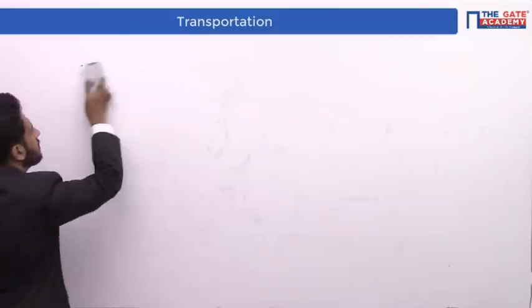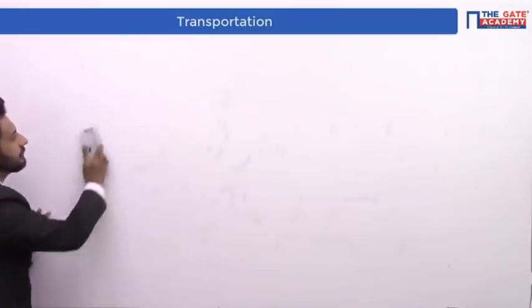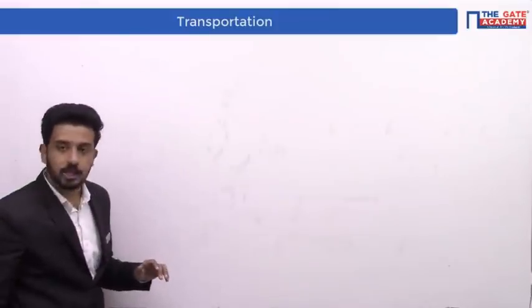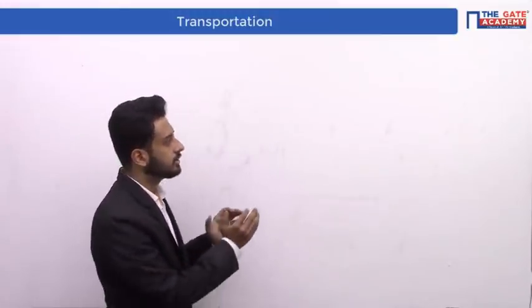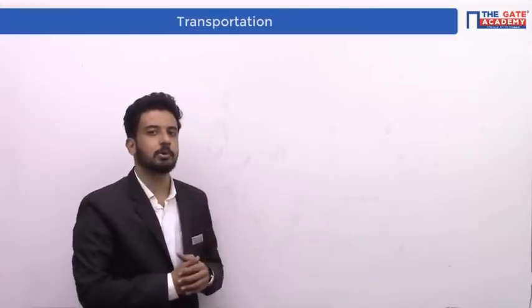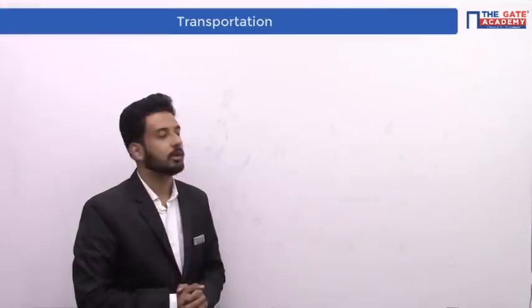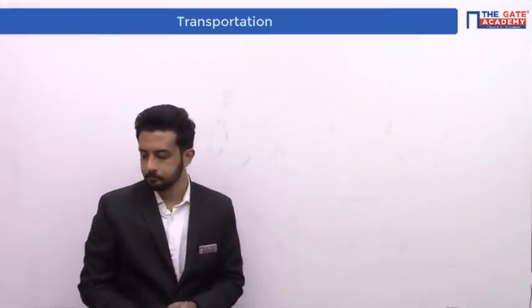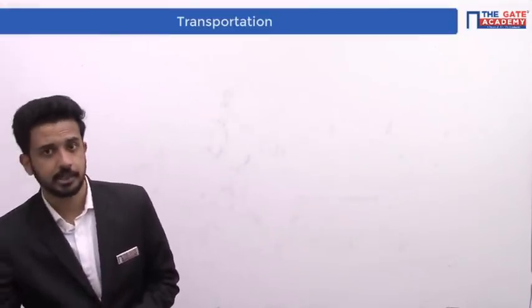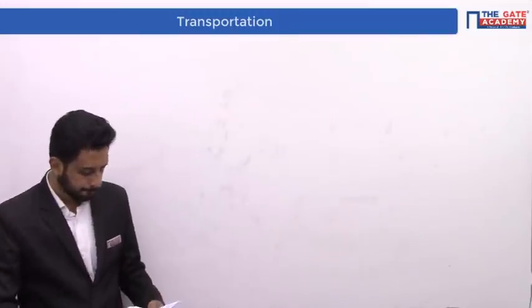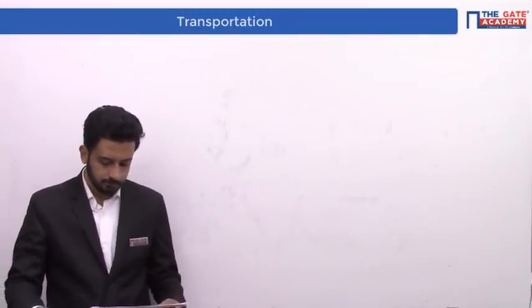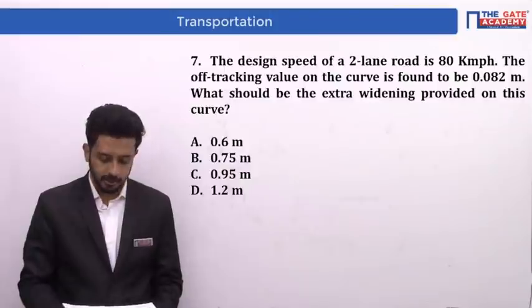So you will get 2 marks just for finding the value of the optimum cycle time. A lot of times they have asked that, so that equation is very important: 1.5 L plus 5 divided by 1 minus Y. Okay. So hope you have understood the concept. Now we will move on to the next question. Okay.